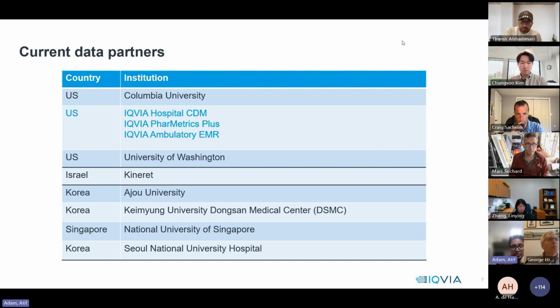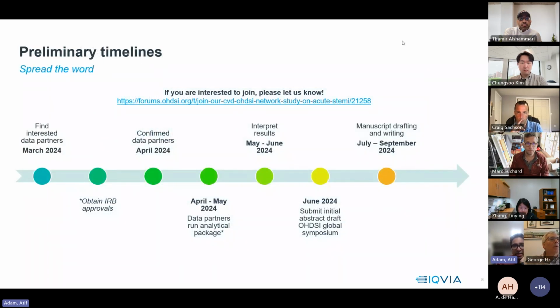What we're going through right now is really working with these partners to assess feasibility and viability of these resources as we go forward. And our timeline has changed slightly, but we're consistently adding more partners as well.